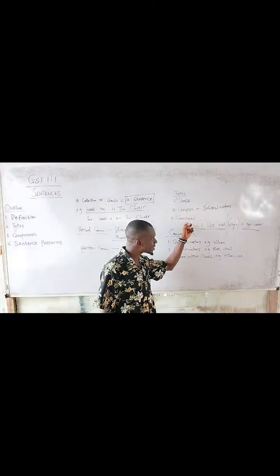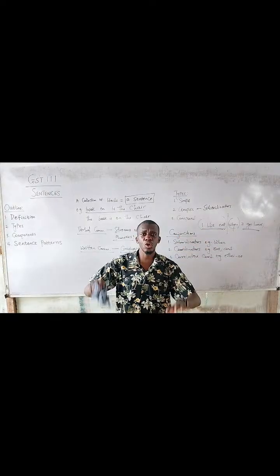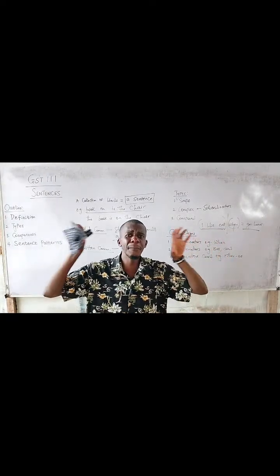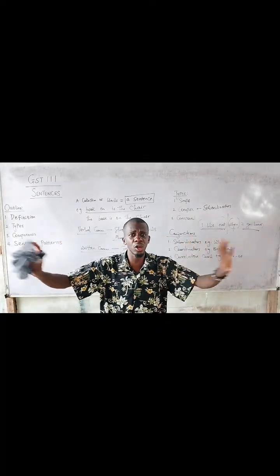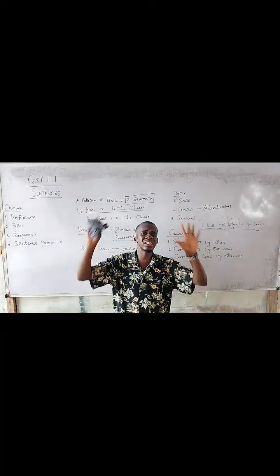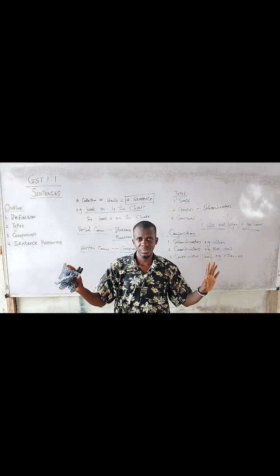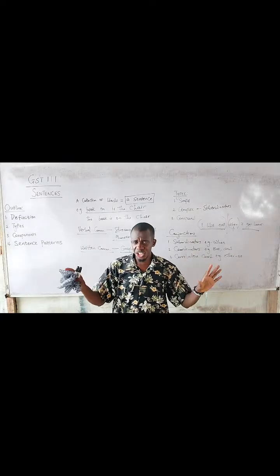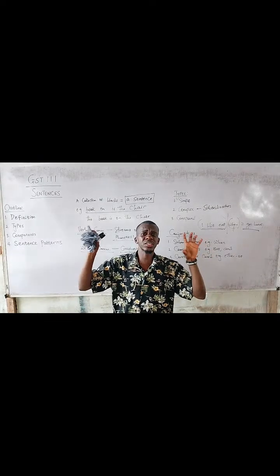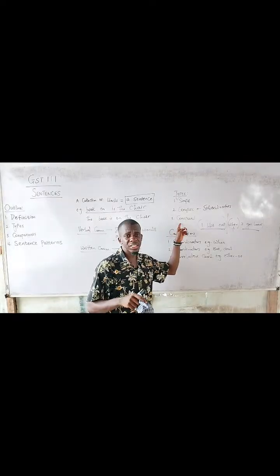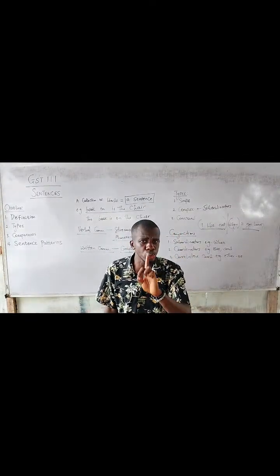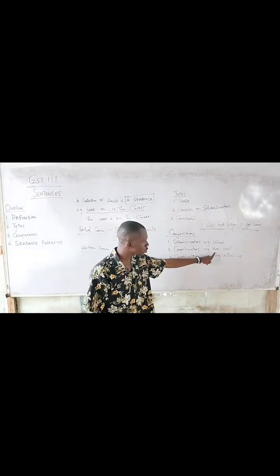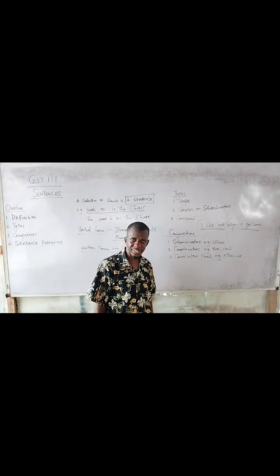A compound sentence now is a sentence comprising two parts where both parts are actually independent clauses. They can stand on their own. Yes. And in addition, both independent clauses in a compound sentence are joined by a coordinating conjunction, such as but or what we call and.